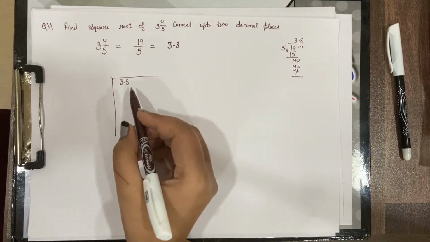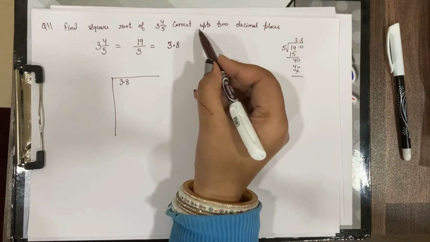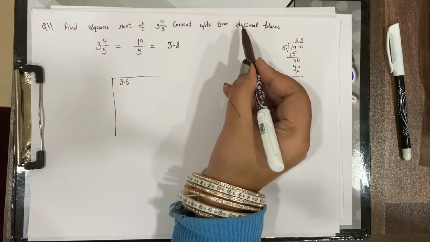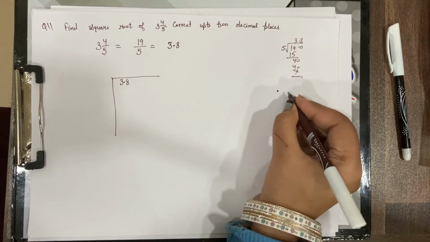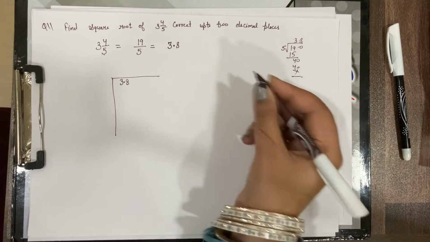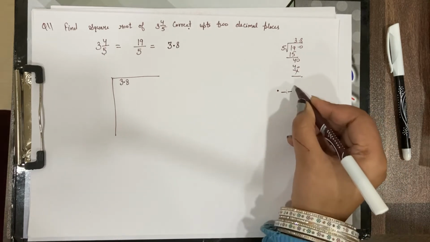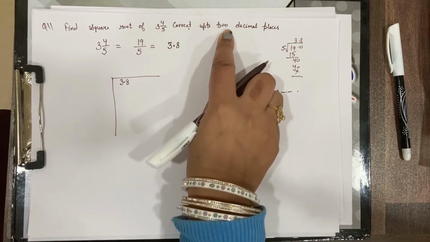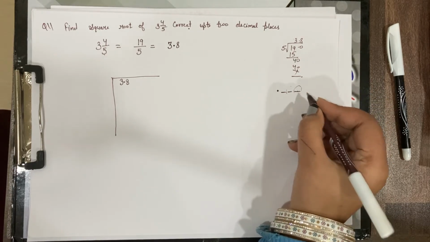See, we have to find the square root and correct it up to 2 decimal places. What does this mean? After the decimal, we should have 2 digits. And we have to correct also, and correction is done with the help of the next digit. So if they say 2 decimal places, we'll find 3 because the third will be used for the correction.